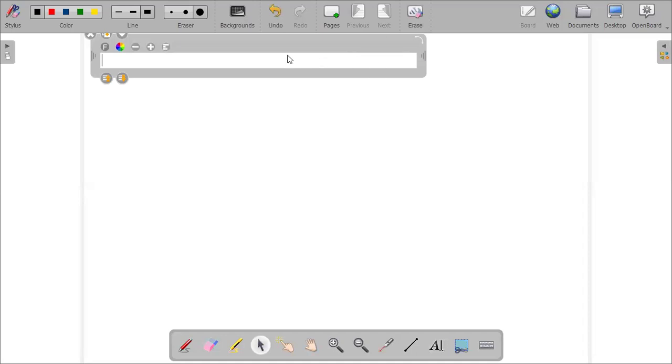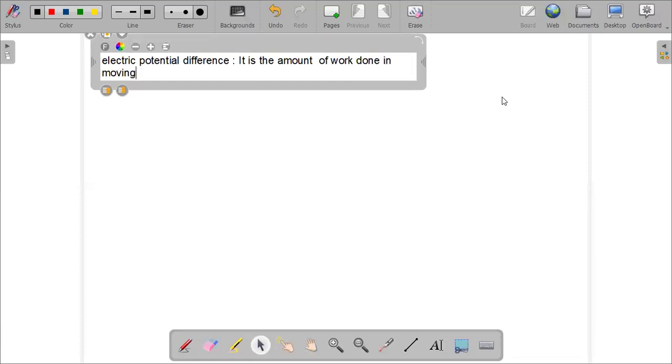So we had defined here electric potential difference. The electric potential difference is the amount of work done in moving a unit charge between 2 points in an electric field.